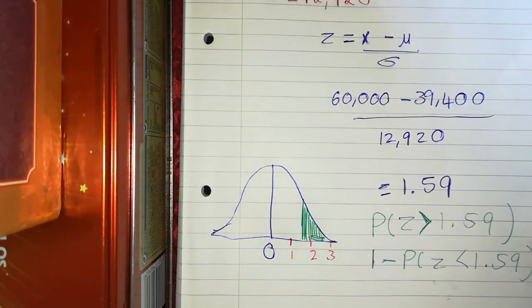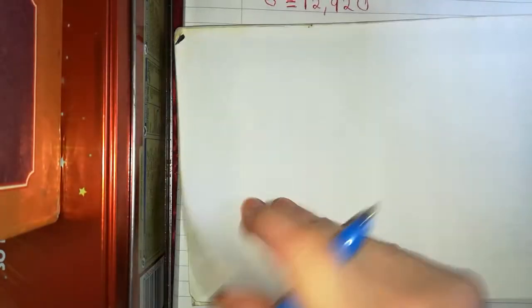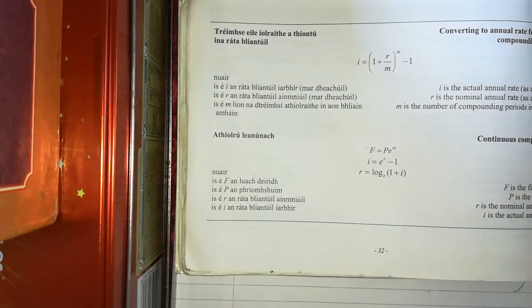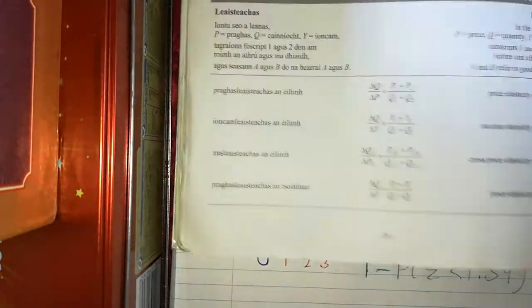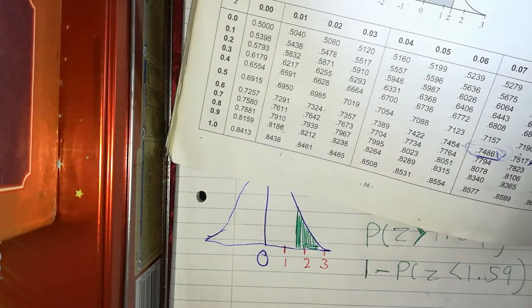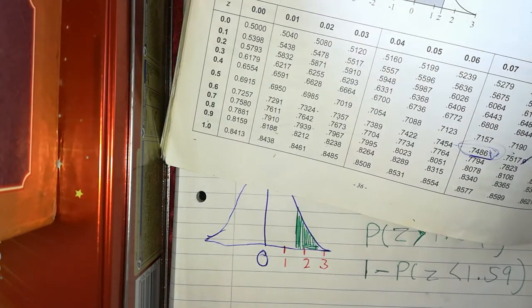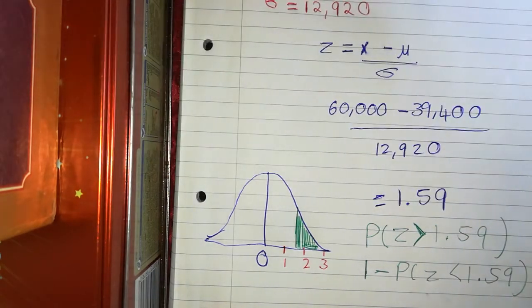And now I'm going to go to my log tables and get the probability that Z is less than 1.59. I think it's on page 20 something. So 1.59, and I get 0.9441.